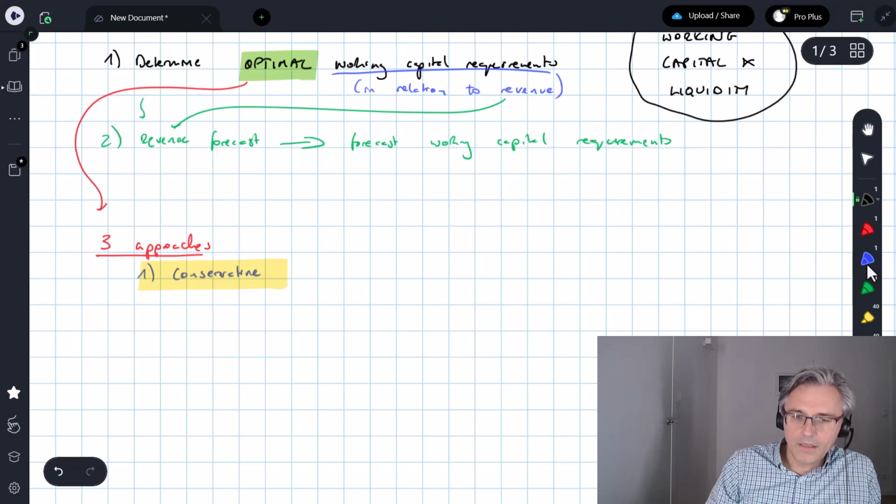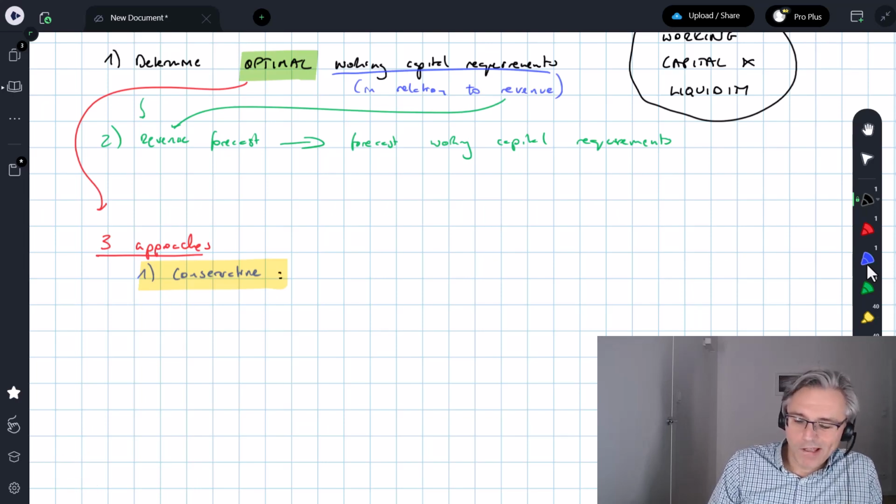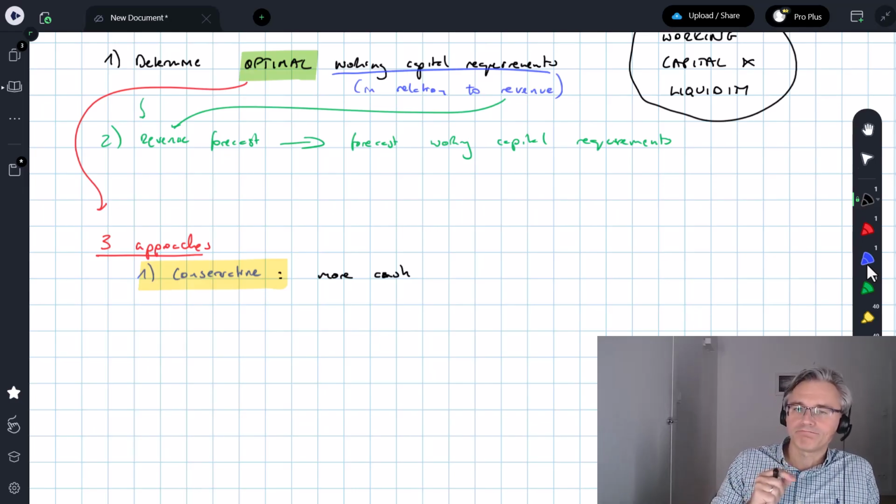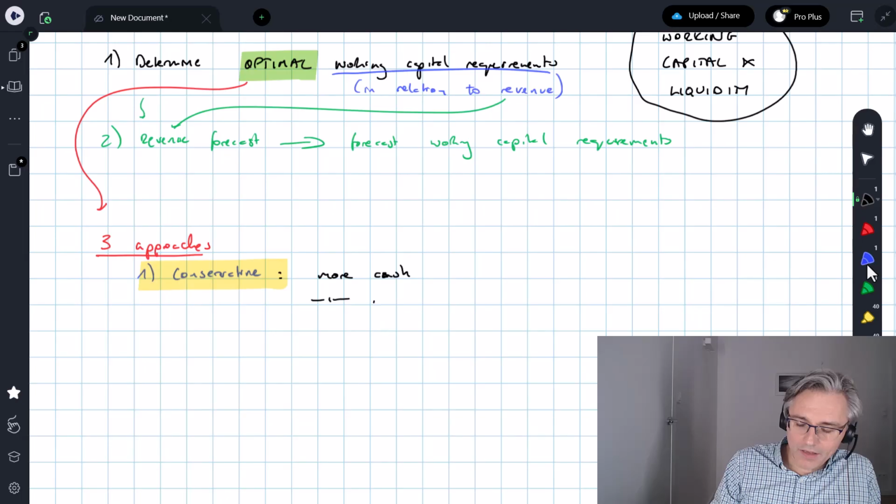And this one is all about keeping more cash in the business than may necessarily be needed. Also having more receivables and higher levels of inventory.